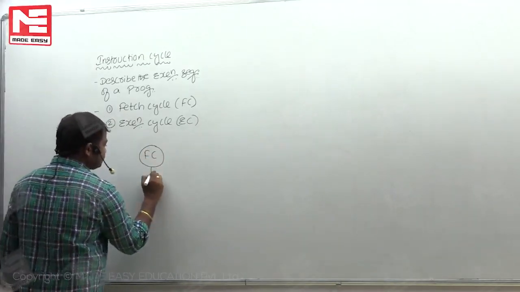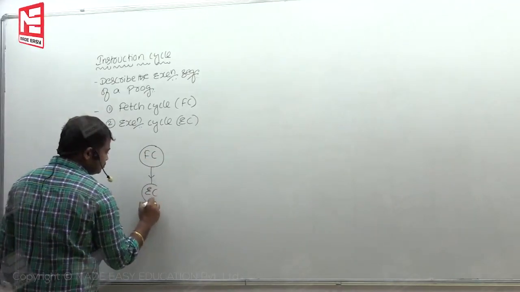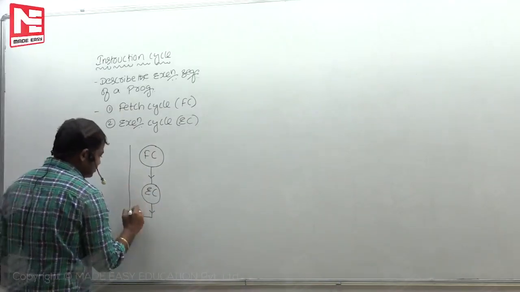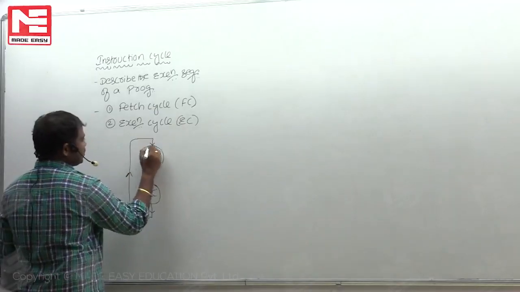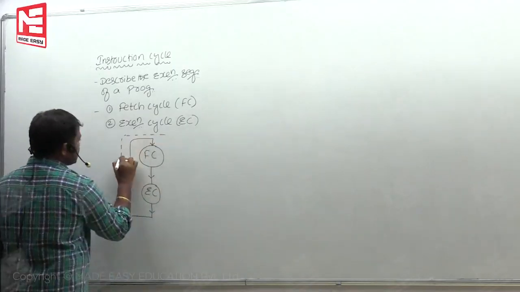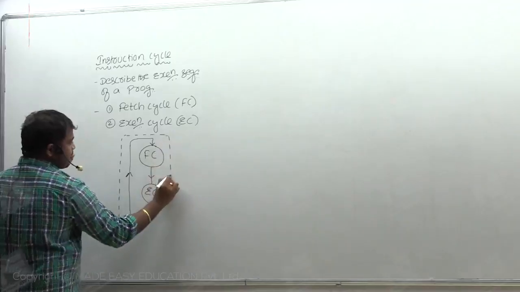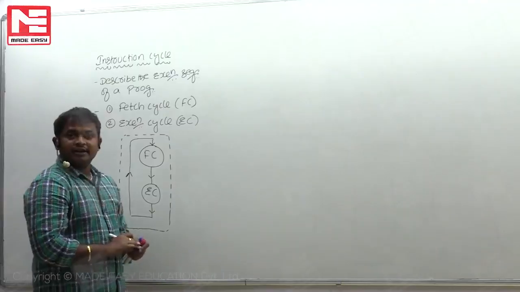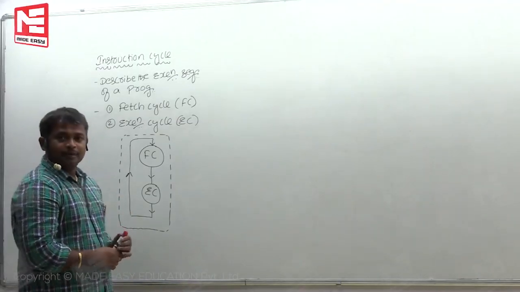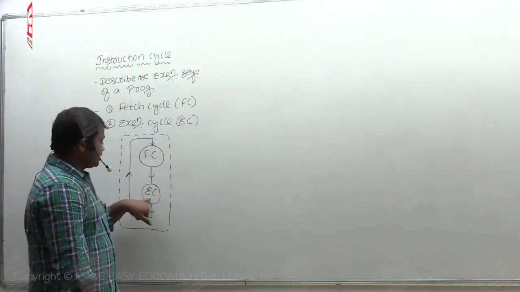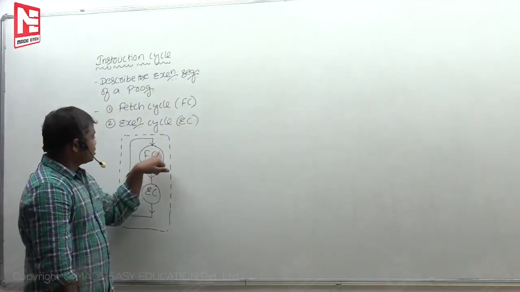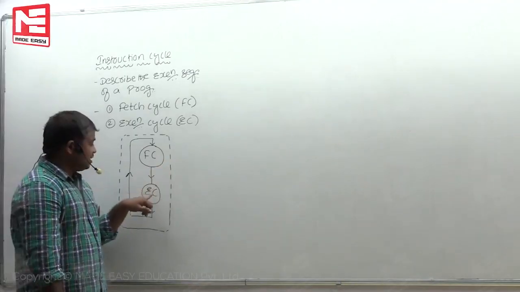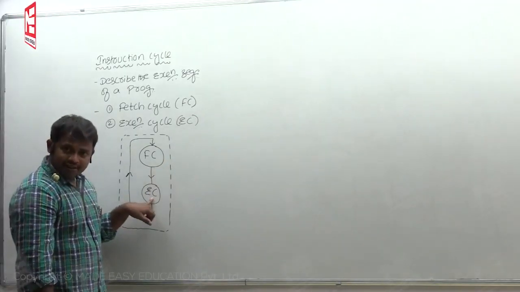Diagrammatically, the instruction cycle is described like this. Here it shows an infinite loop. First the fetch cycle, next the execution cycle. That means start the fetch cycle, later give the output of the fetch cycle as input to the execution cycle.